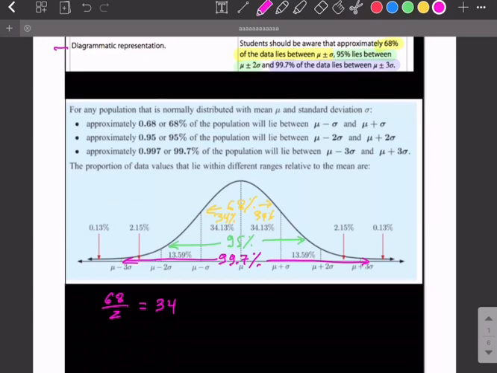Then also you have 95% divided by 2, which gives you 47.5. So that means you get here, or here, 47.5. So this area here is 47.5.